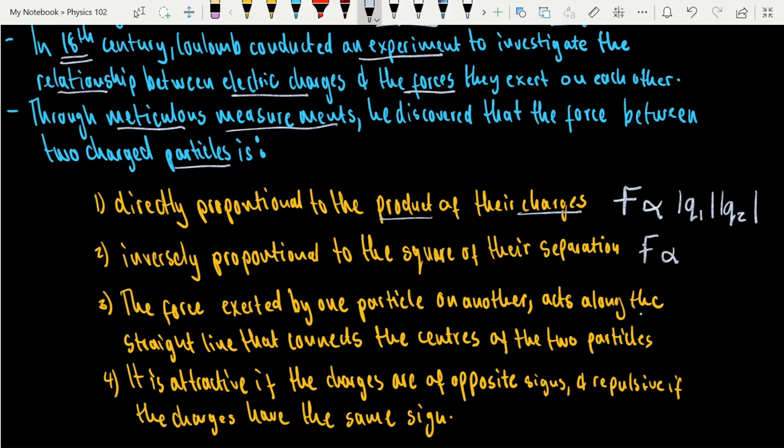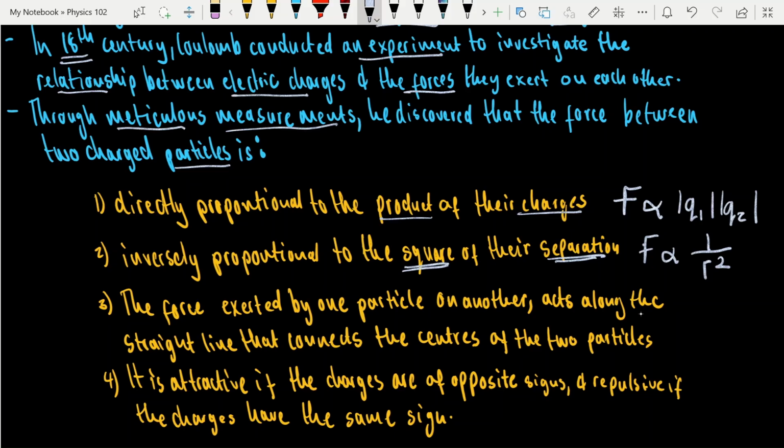It is inversely proportional, 1 over r squared. Square means to the power of 2. Separation is r. So it is inversely proportional to r squared. So we say 1 over r squared if we want to say inversely proportional.